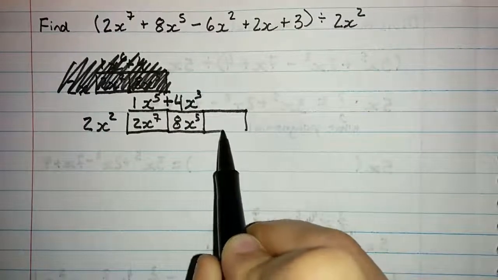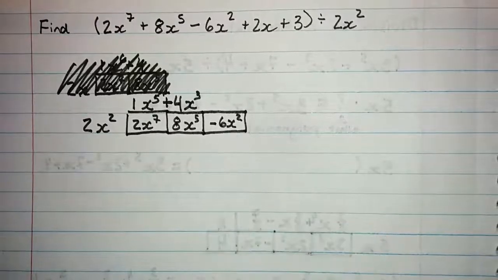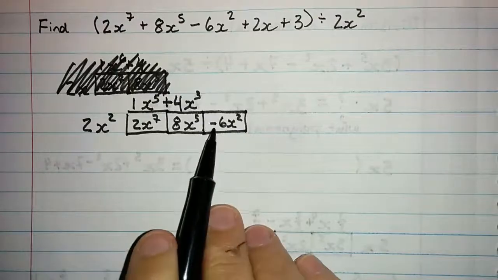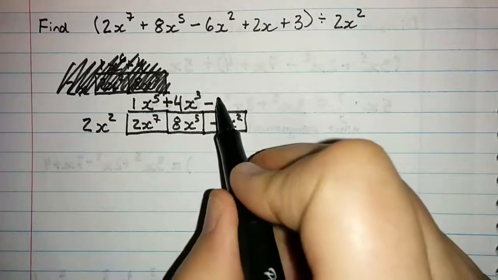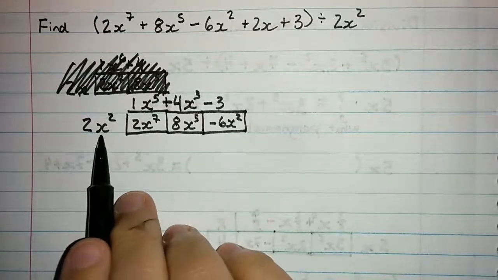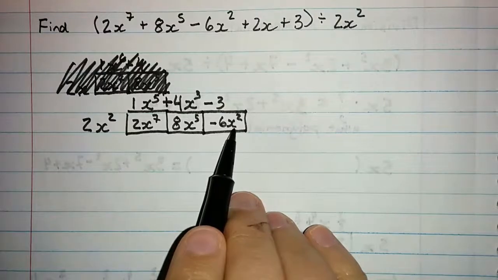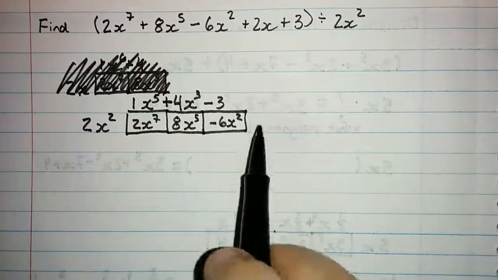All right, next term, negative 6x squared. 2 times what will give me negative 6? 2 times negative 3 gives me negative 6. X squared times what will give me x squared? Oh, well, I don't need any x's in this term.